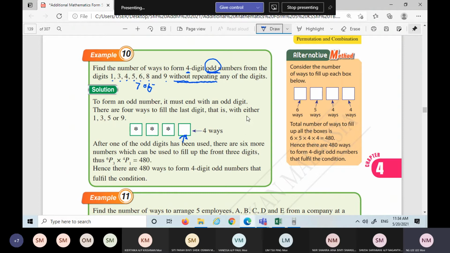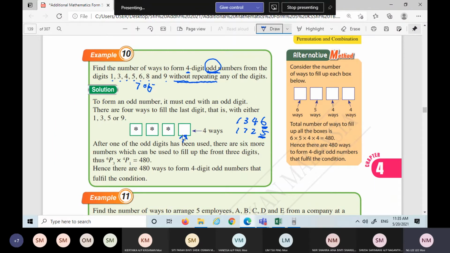For example, 1 3 4 6: last number only. If this is even, then 1 3 4 6 is even. If this is odd, then it is odd. So 1 7 2 5: the last digit only plays the important role to determine whether the whole number is odd or even.